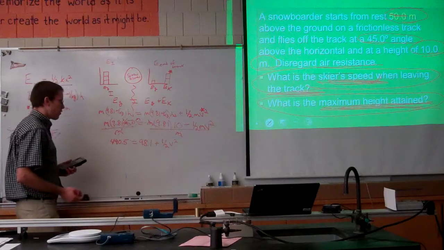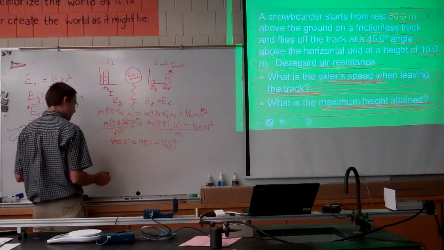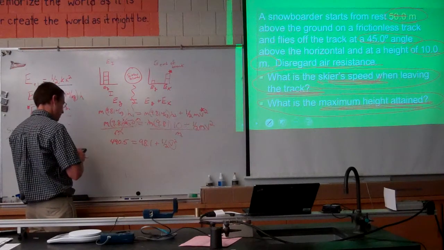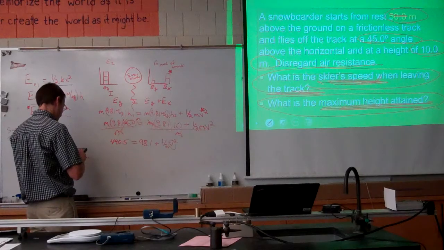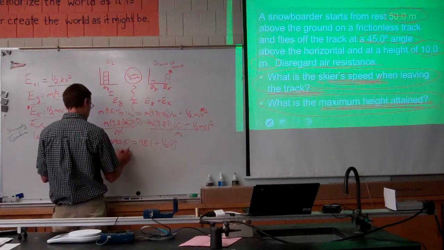Now all we have to do is solve for v squared. So subtract 98.1 from both sides, and that's 392.4.